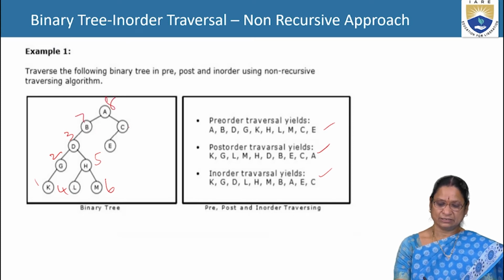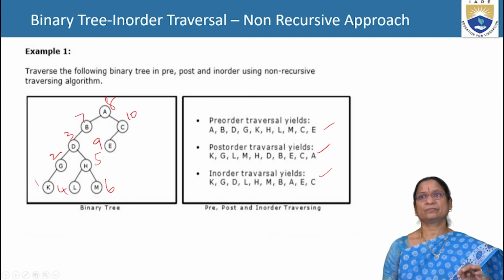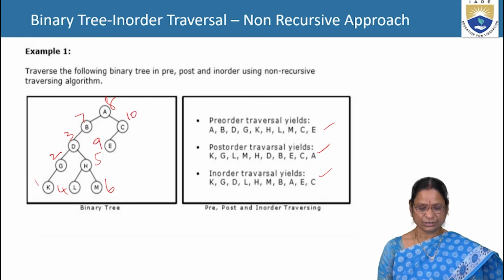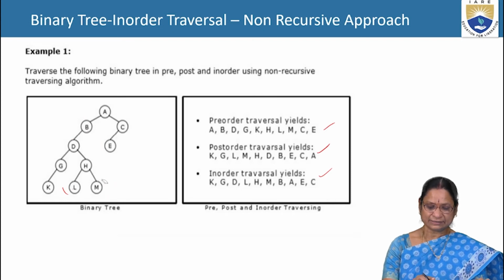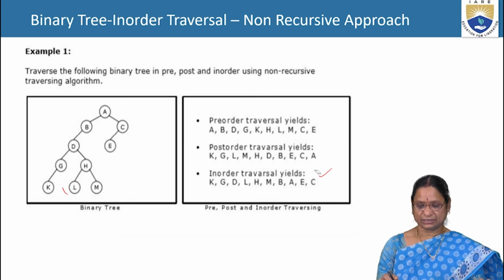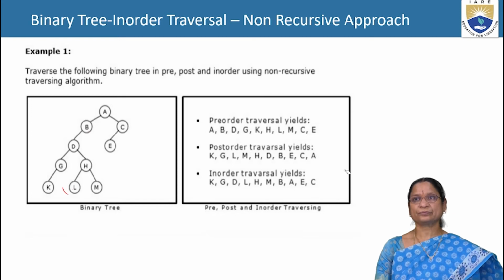So 8, again left 9, root 10. That means you are going to have here K, G, D and L, H, M, then B, then A, then E, C. So like that we can get these three orders of the tree traversal.